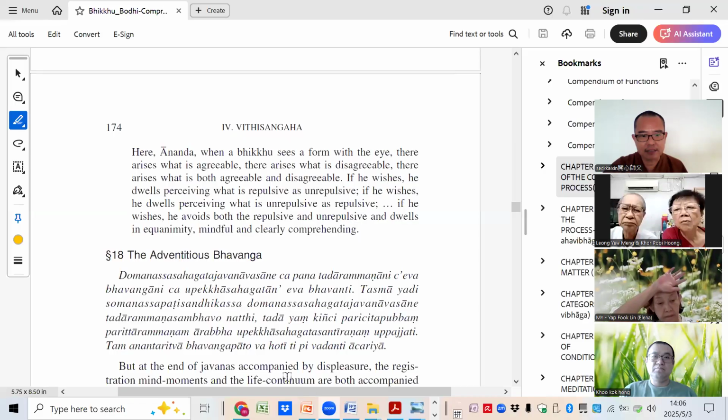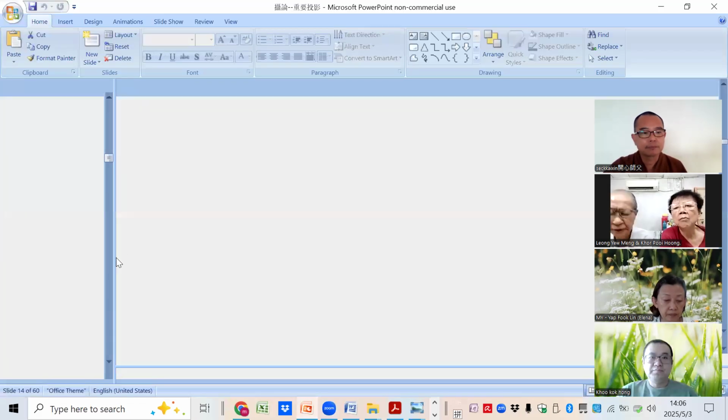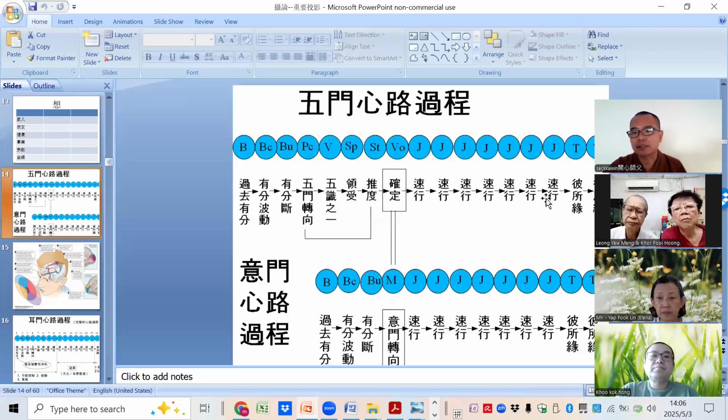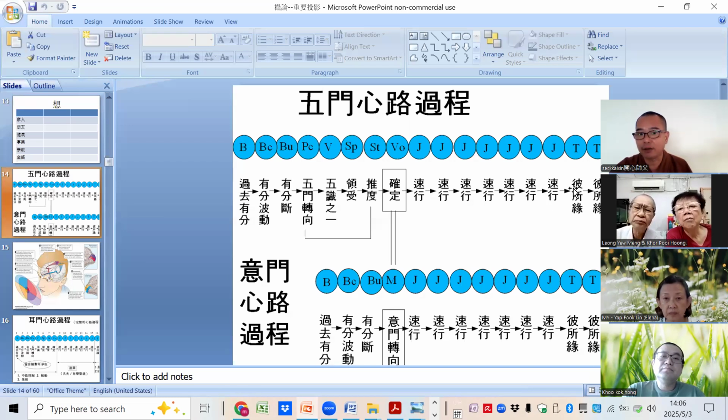Once we talk about the cognitive process, this is the cognitive process. This is the javana. Then before this, there are the 5 door processes, the consciousness and the experience, investigation and determining. So all these are according to the rule of registration.